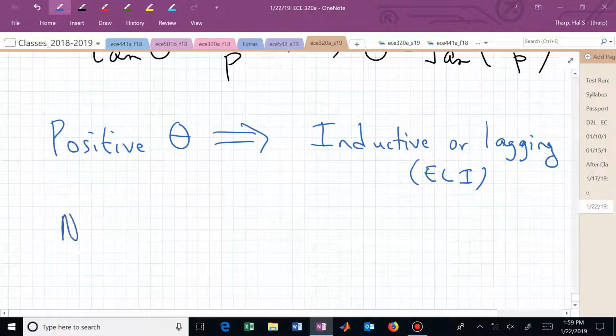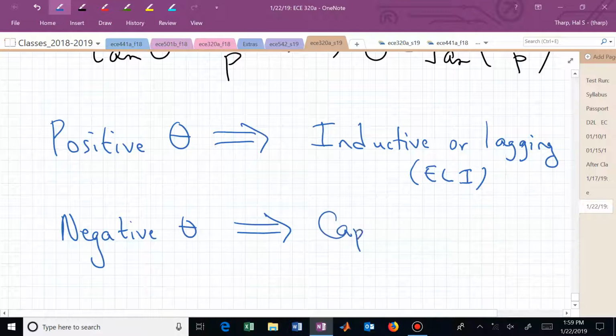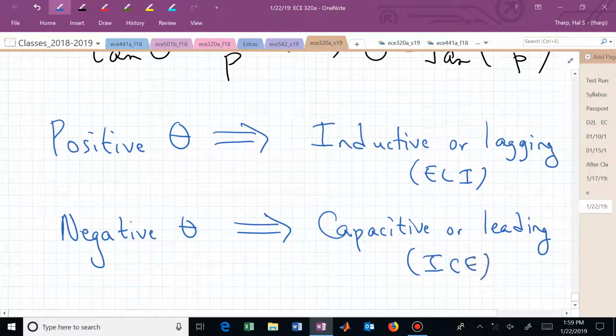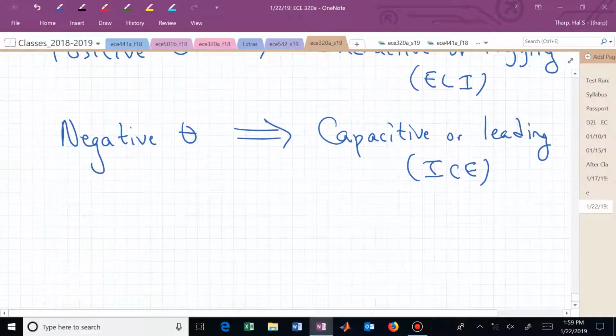If we have a negative angle theta, then we have just the other type of reactive load, which is capacitive, or leading. And so now we have ICE, if we wanted to look at that.